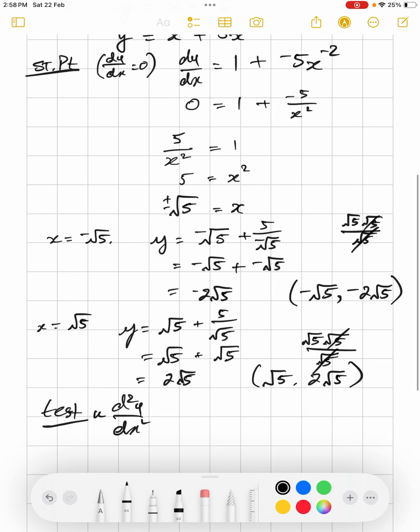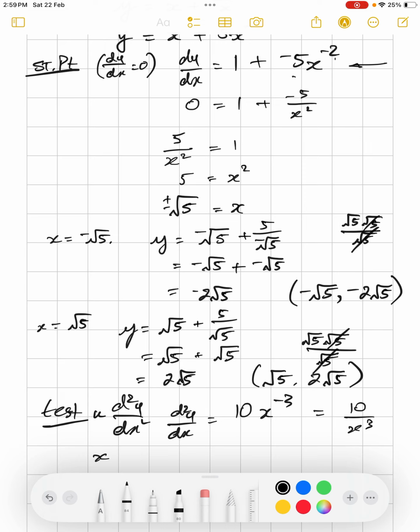And let's go up here to b. Here's our first derivative. So our second derivative would be, the derivative of 1 is 0, and the derivative of negative 5 times negative 2 is positive 10, x, and that's negative 3, which is 10 over x cubed.